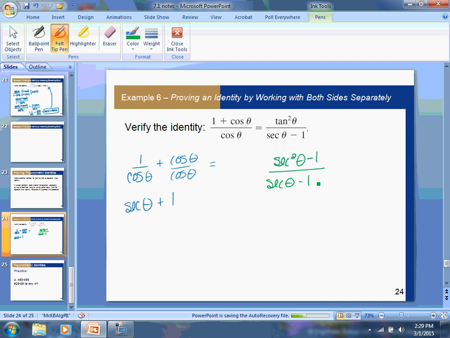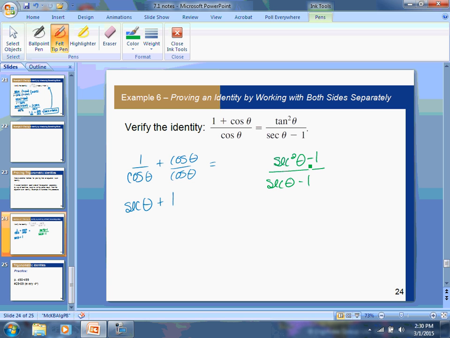Now, here's kind of the trick, another trick that we can apply on the right-hand side here. This secant squared minus 1 is really, really close to being a secant minus 1. If only that squared wasn't there. Now, sometimes students say, oh, just take the square root. Well, I can't do that because they're attached with subtraction, those two terms in the numerator there.